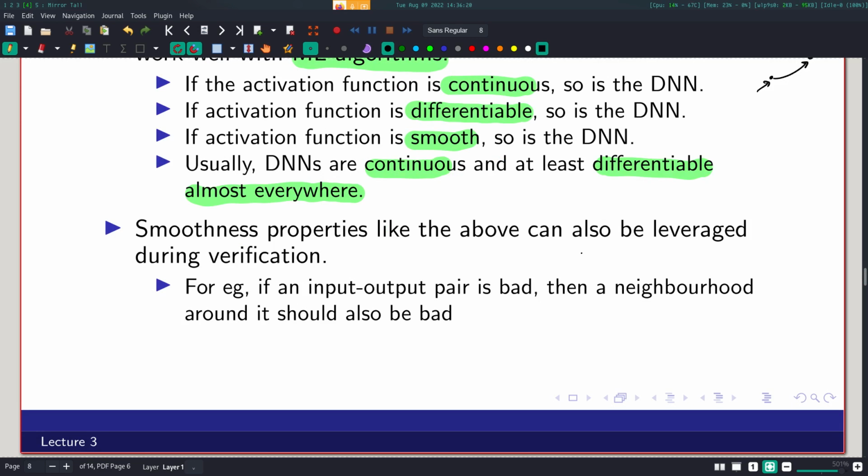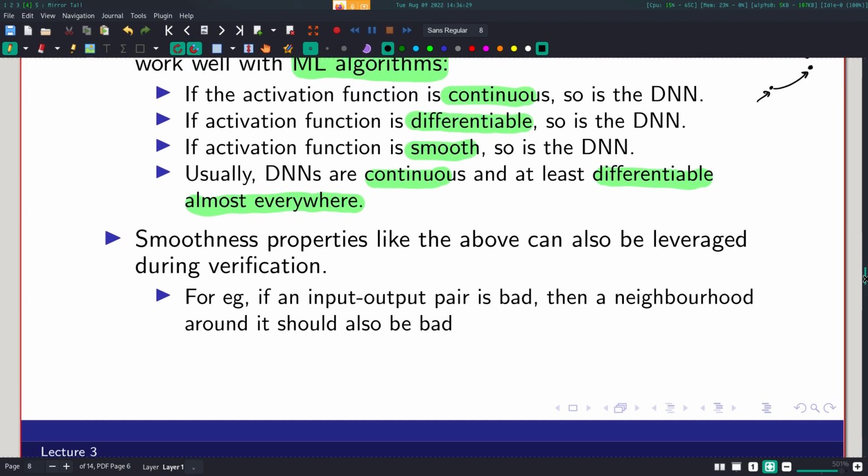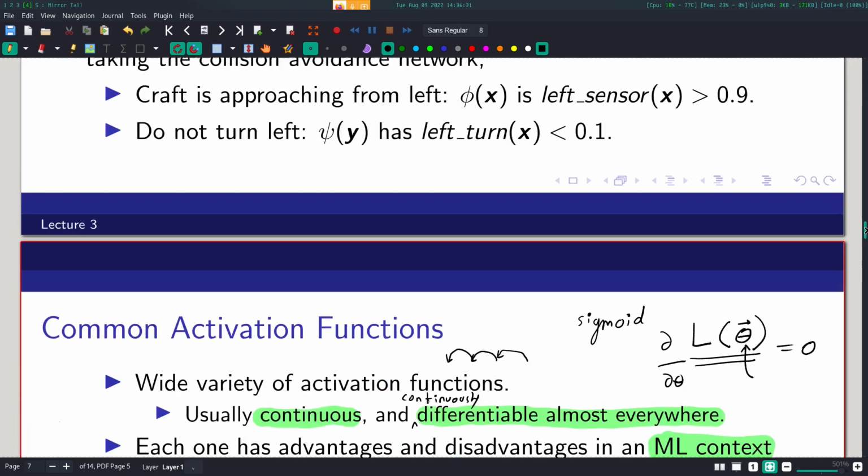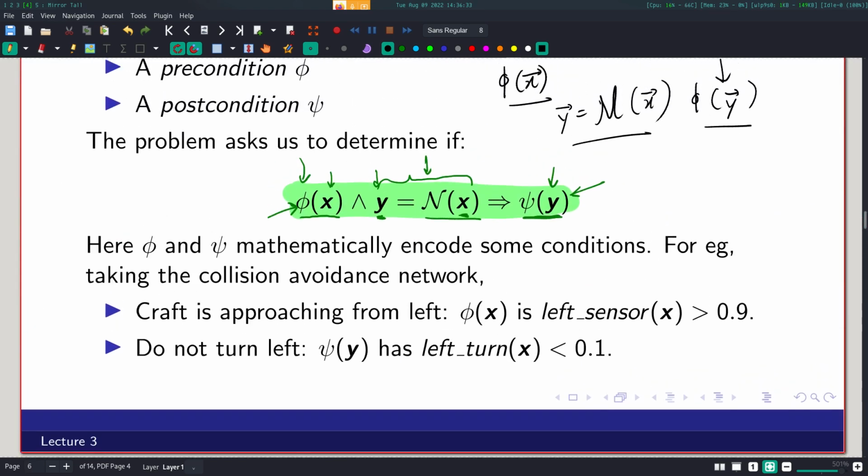For example, one of the facts that you can leverage is this: since you know that your neural network is continuous, and usually if you notice, the precondition and the postcondition are also regions that are level sets of some continuous function, right?